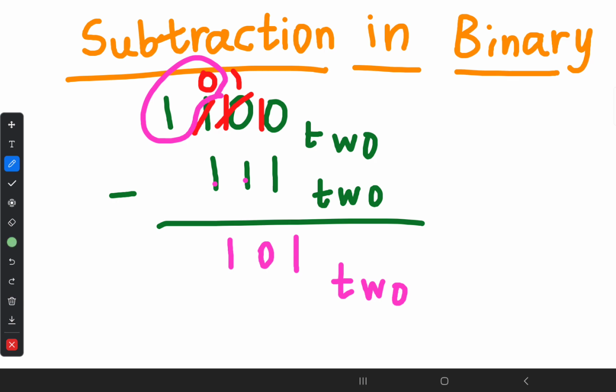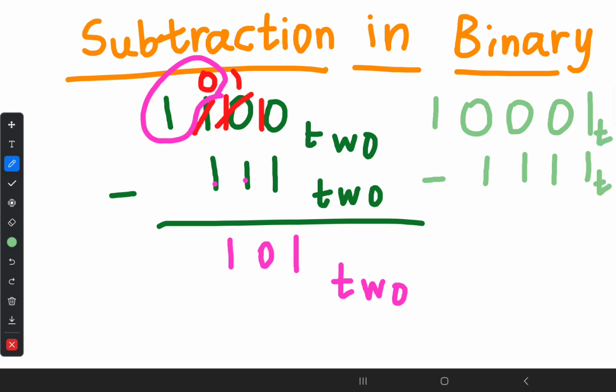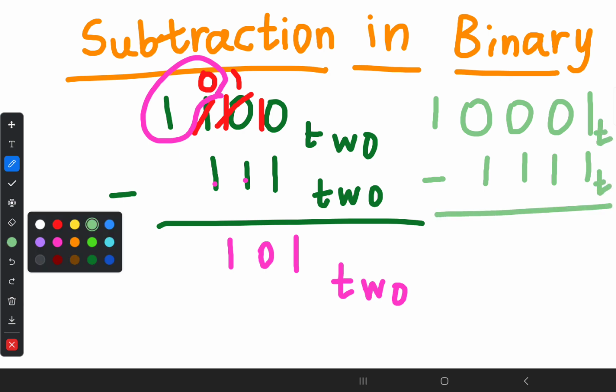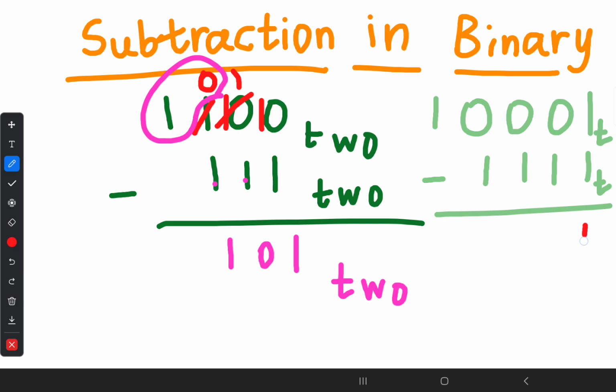Look at the next question. Here we have 10001 minus 111. Okay, here also base 2. I'll explain this even more clearly. So 1 minus 1 is 0.